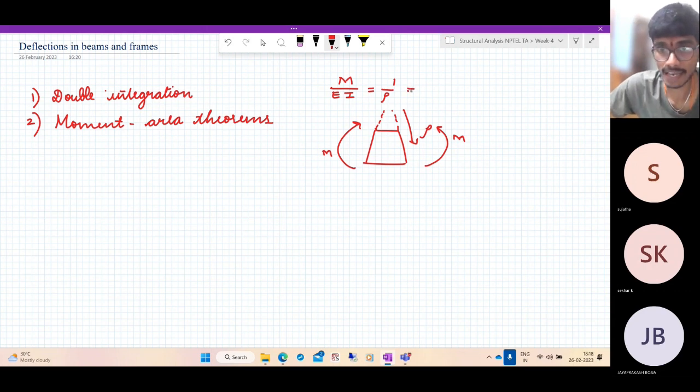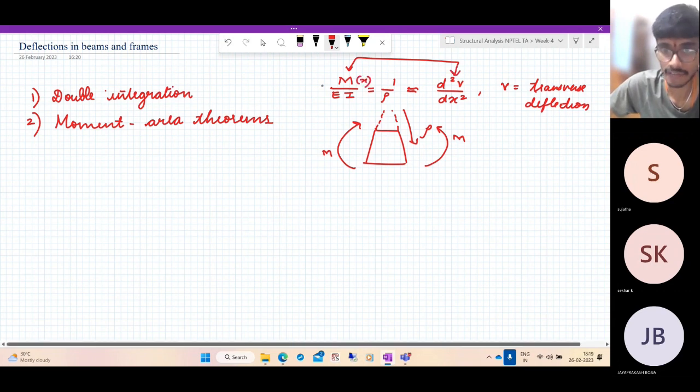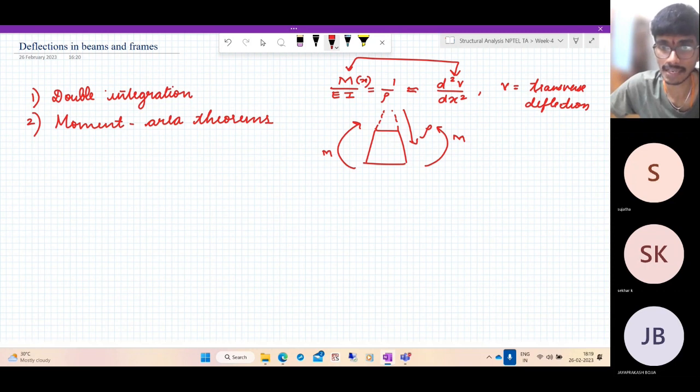And from calculus, this is approximately equal to d square v by dx square, where v is the transverse deflection. So once we have determined M of x, if we integrate this two times with appropriate boundary conditions, we can evaluate the integration constants and we will get the elastic curve of the deflected beam.